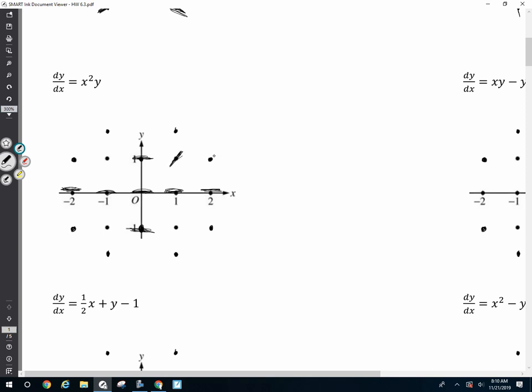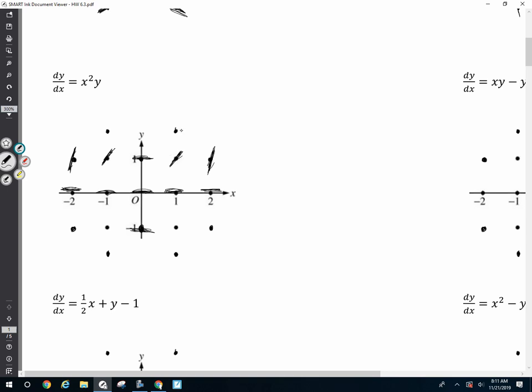This would be 4. 1, 2, 3, 4, really steep. (1, -1). Let's stay up here. (-1, 1) will be positive 1. (-2, 1), that'd be positive 4. So again, very steep.